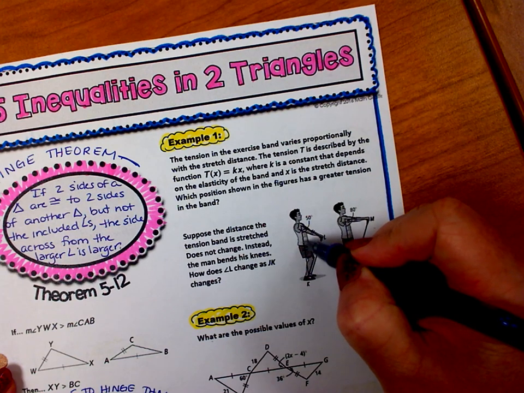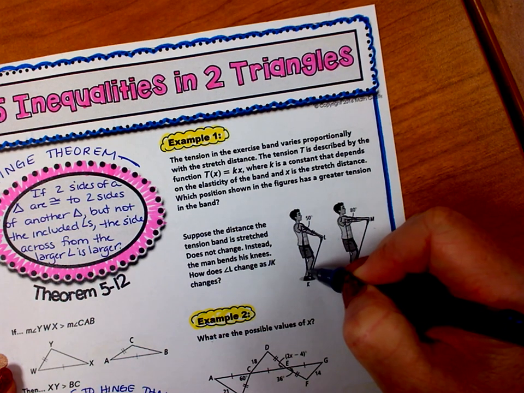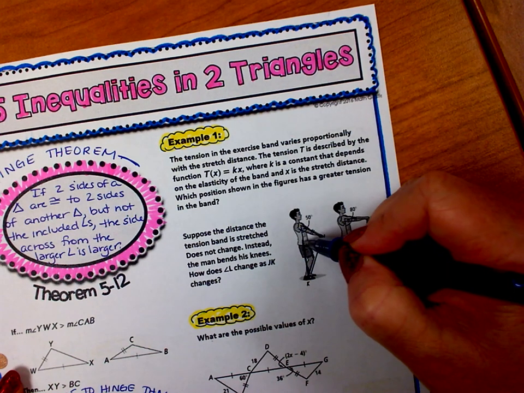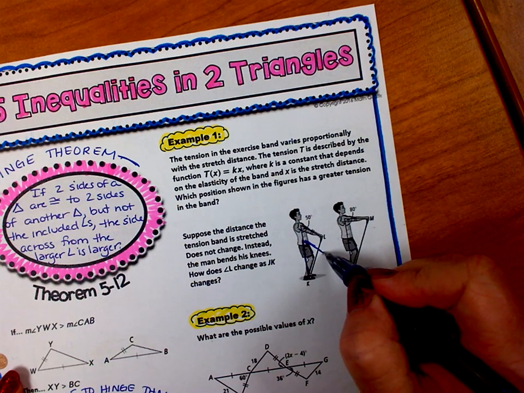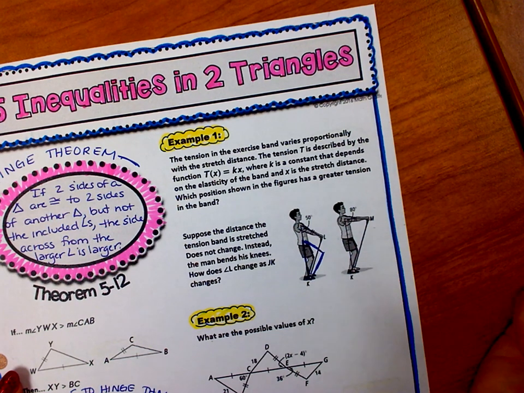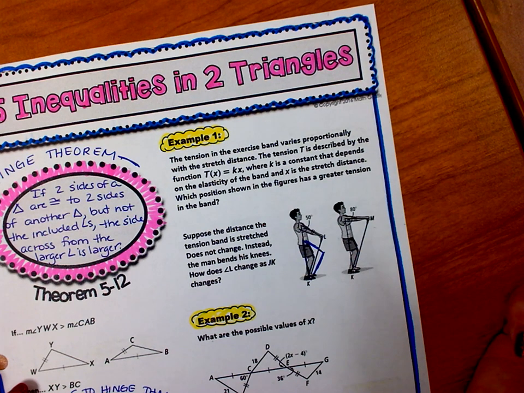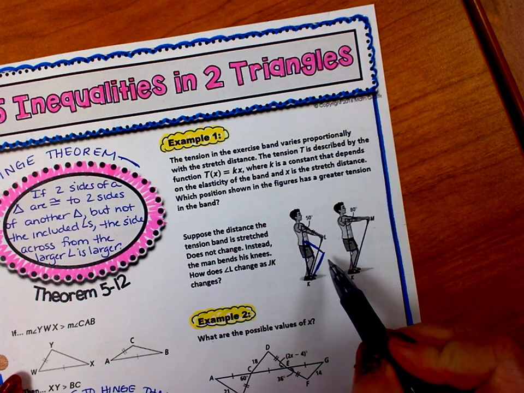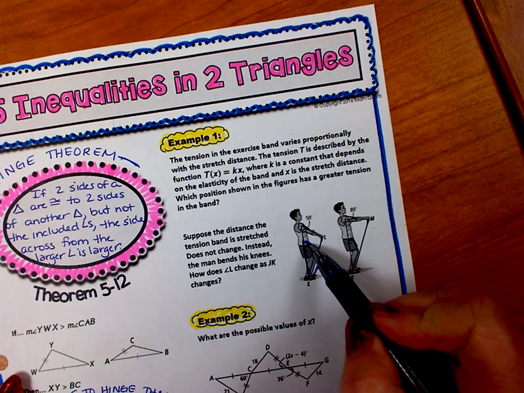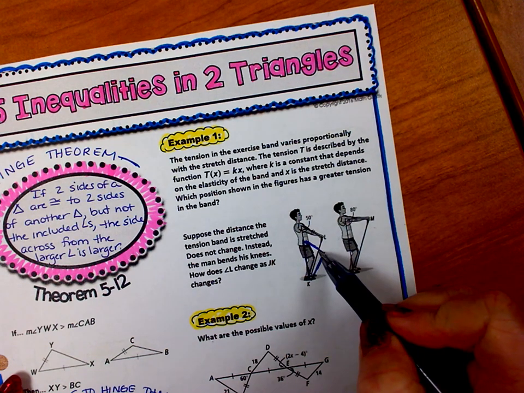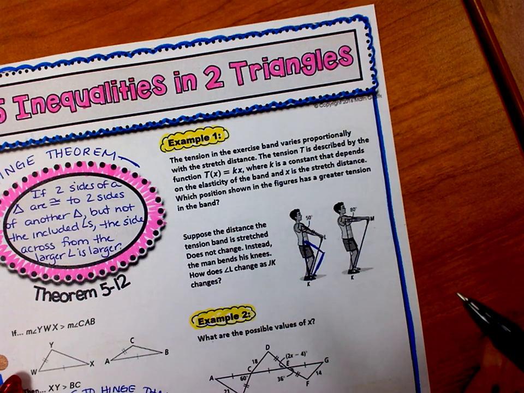We will change the distance between his shoulders and his feet, and then the arms are going to stay the same. And so the triangle is now going to look something like this. So in this case, what changed? So now, since this is shorter, this angle is the same. So it's this angle that's gotten smaller.